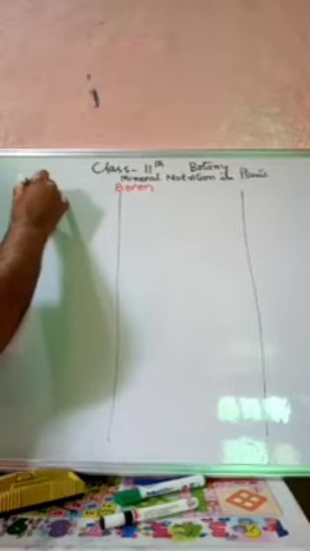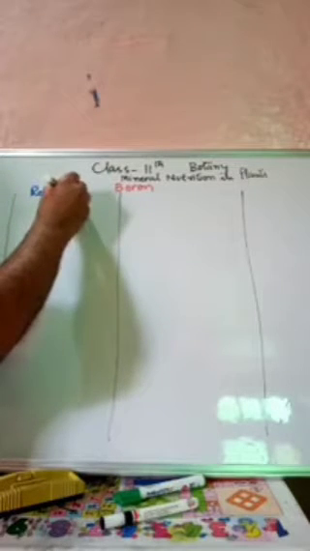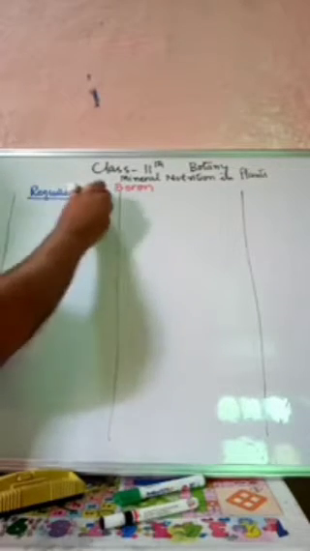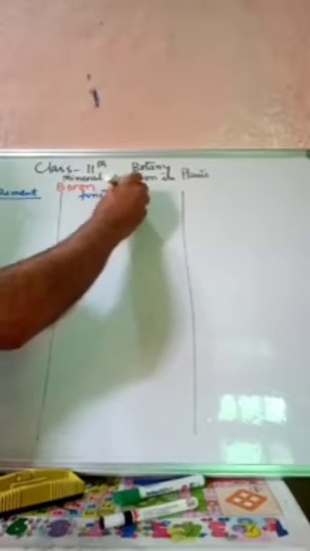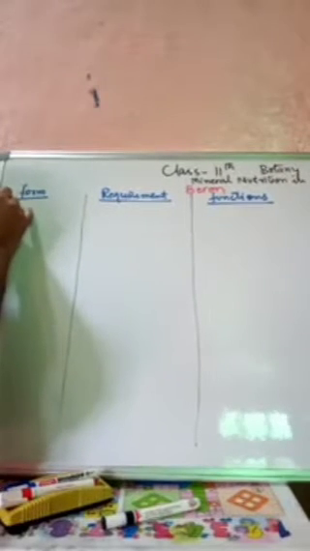Second one we will call its requirement, that is where it is required. Third heading is its functions, and fourth one is deficiency. Now, form: in which form it is absorbed by the plant. It is taken up by the plant in ionic form.